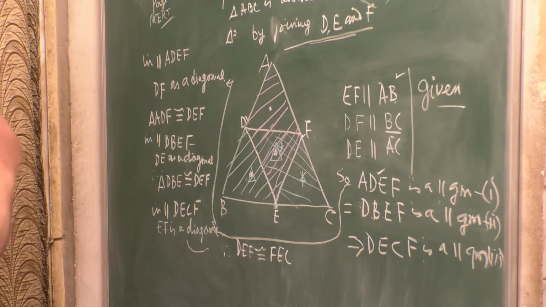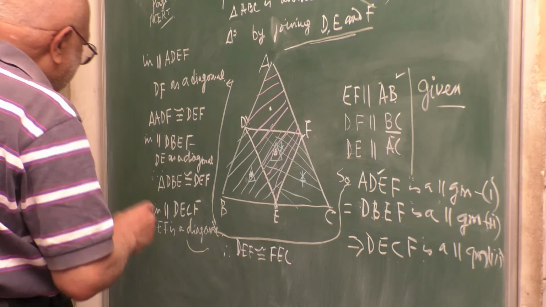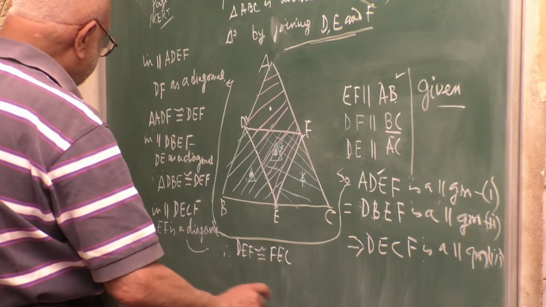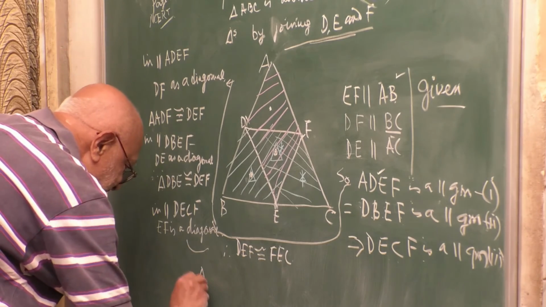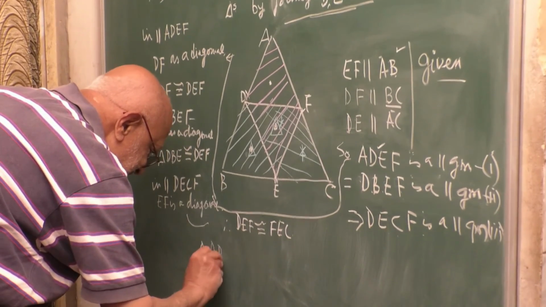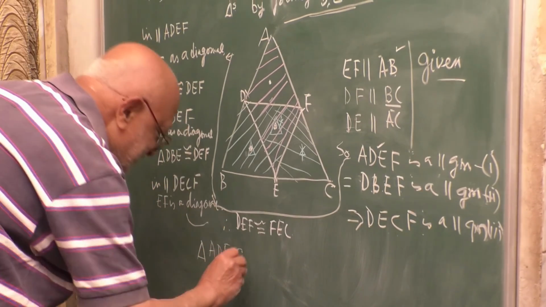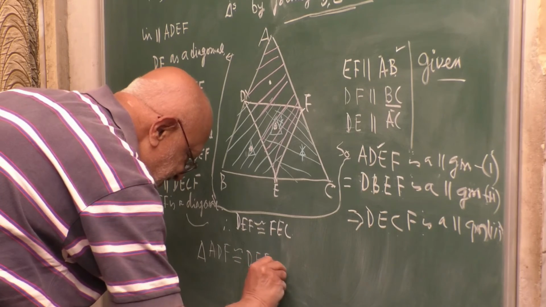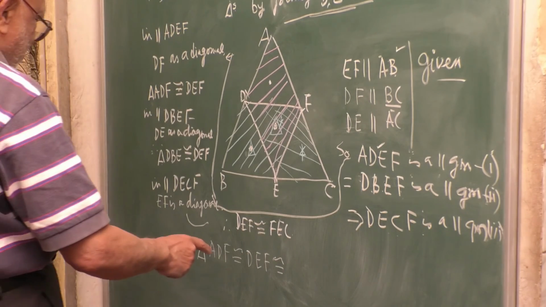So what have we got? We have got ADF. I have no other choice but to use this because it will go a long way. So I have got triangle ADF congruent to triangle DEF. Again, so this is congruent.